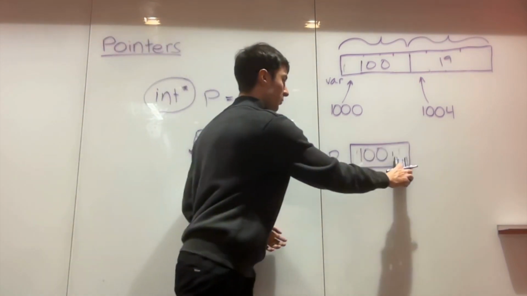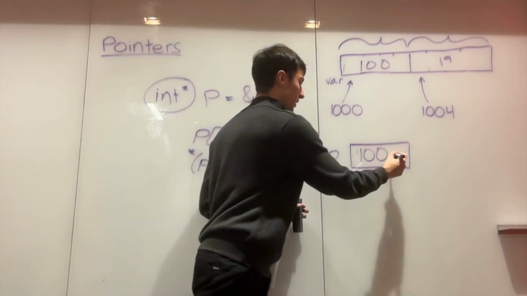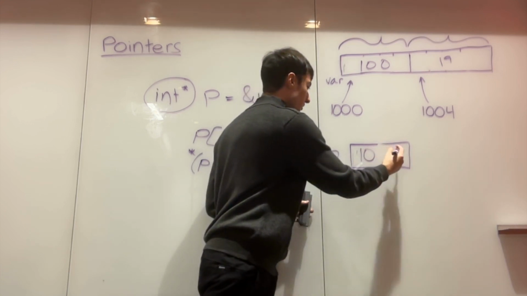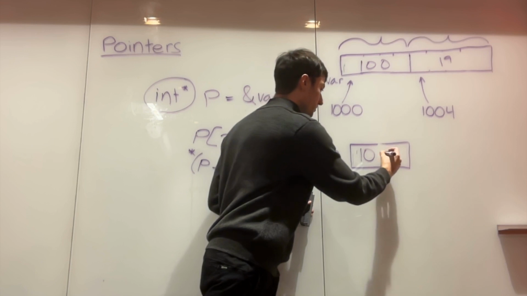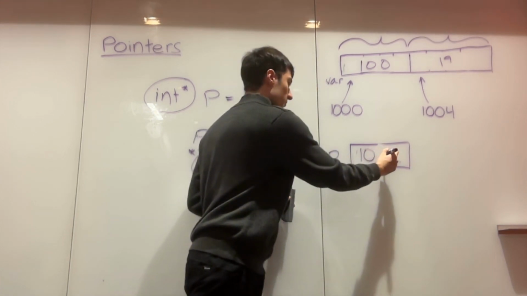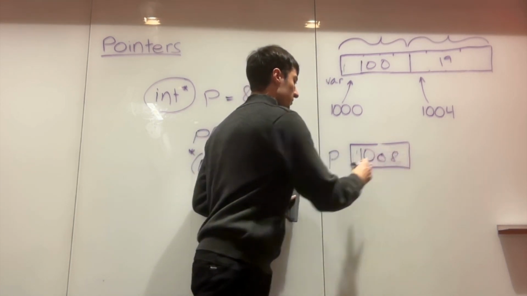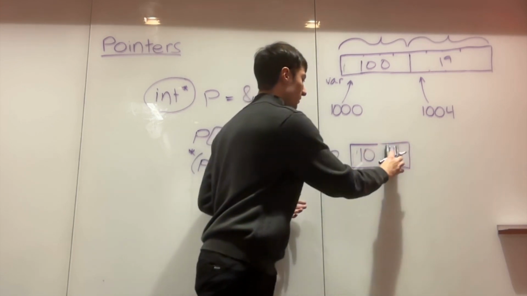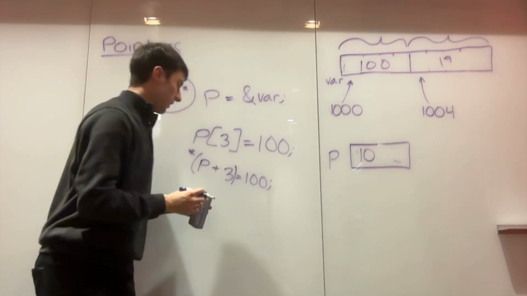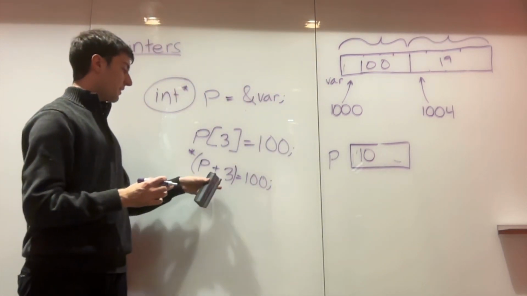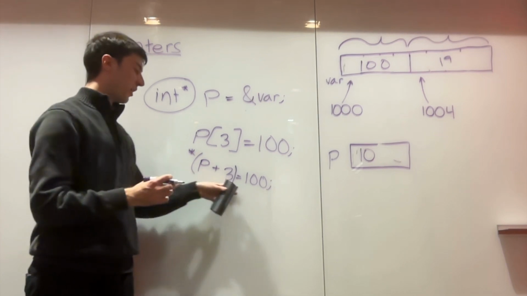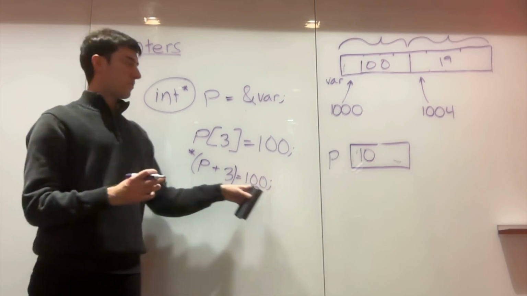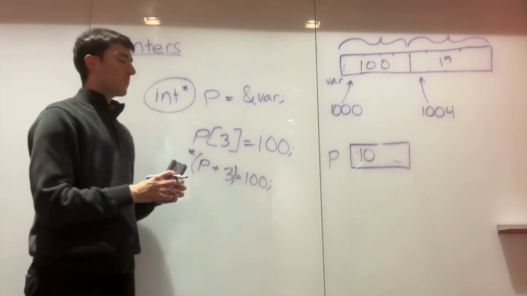So this gets incremented by 3 units. Maybe it's like 16, or 8 or 12, whatever it's getting incremented by, right? 3 units, and then take that value or find that address that it is and assign the 100 there. So these are the same, okay?